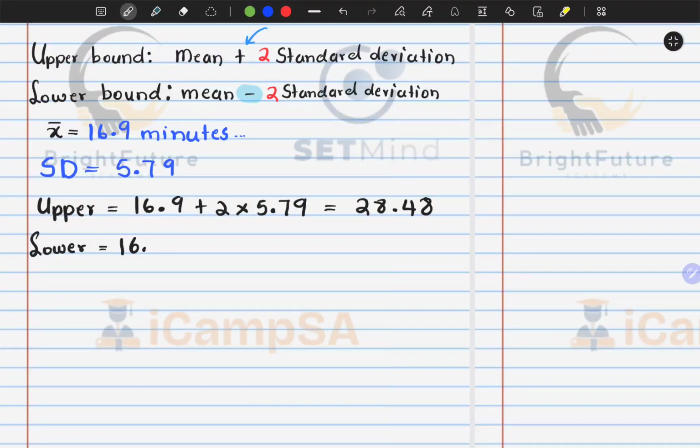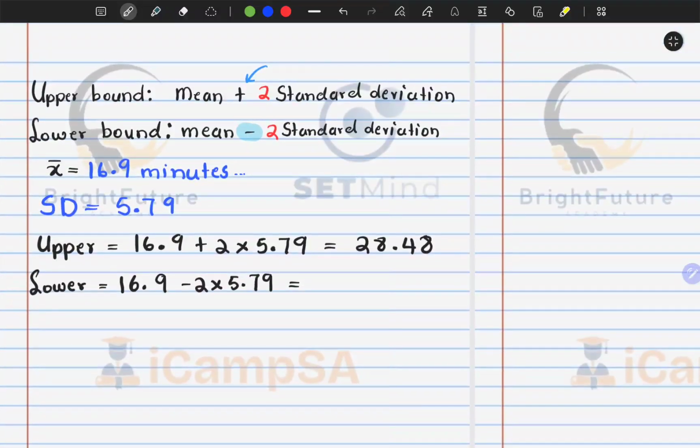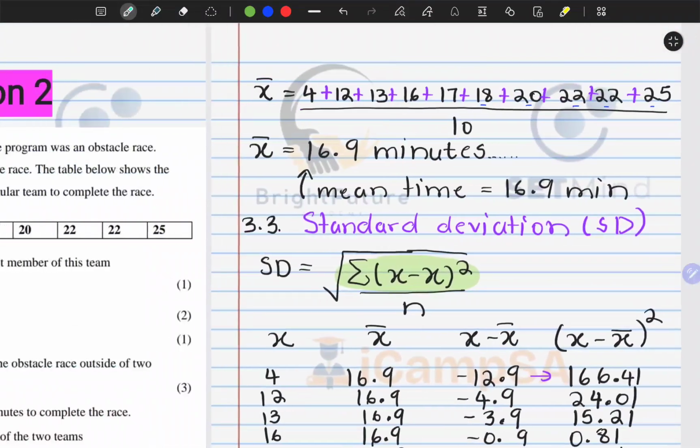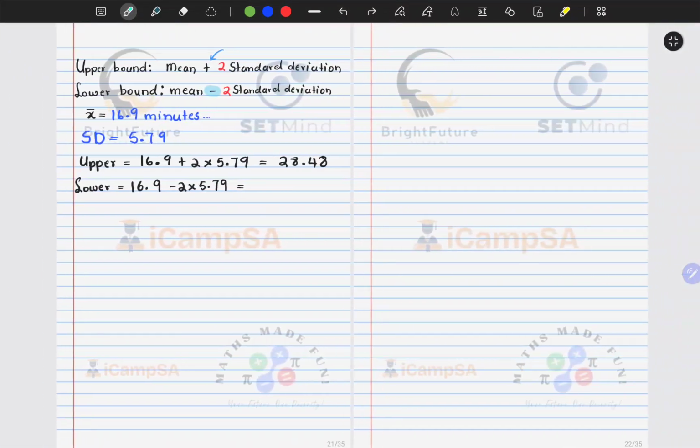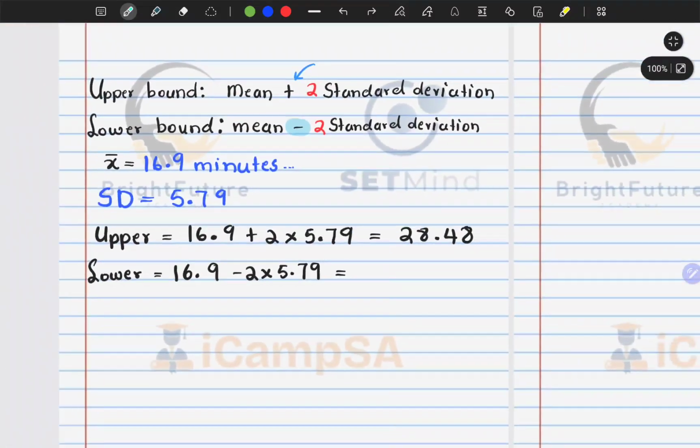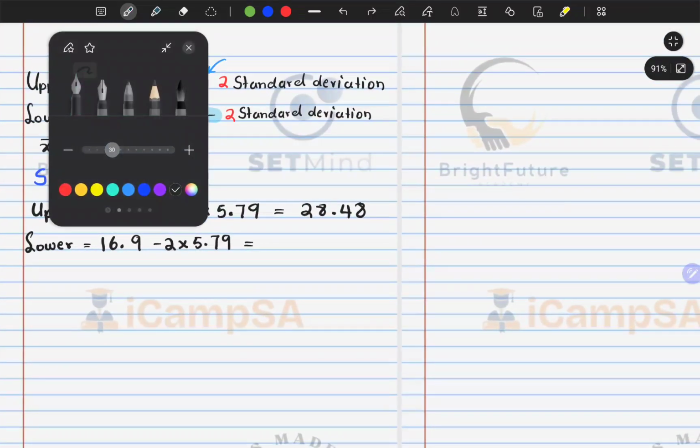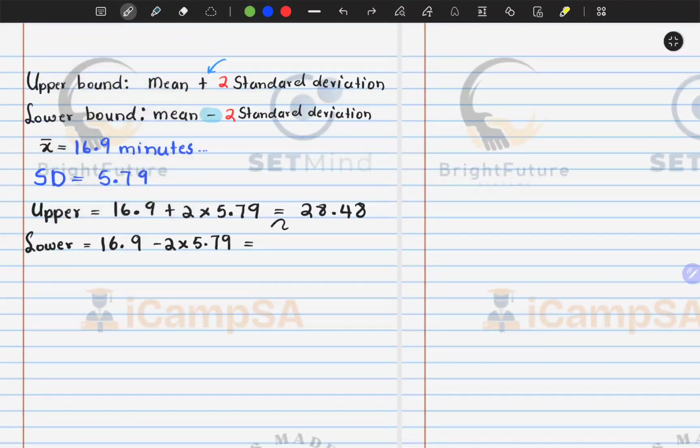Now let's go for our lower. For our lower, we'll take our mean minus 2 times 5.79. The reason we have a 2 is because the question says 2 standard deviations. So what we end up finding is 5.32.